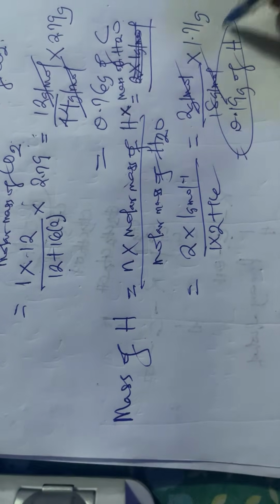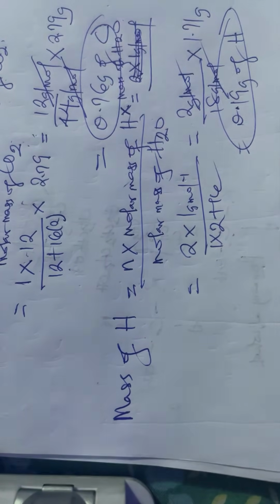So we have gotten that for hydrogen. We have also gotten that for carbon. Now the next one is for oxygen. If you've gotten carbon and hydrogen, how do you do the one for oxygen? Remember, let's refer back to the question.